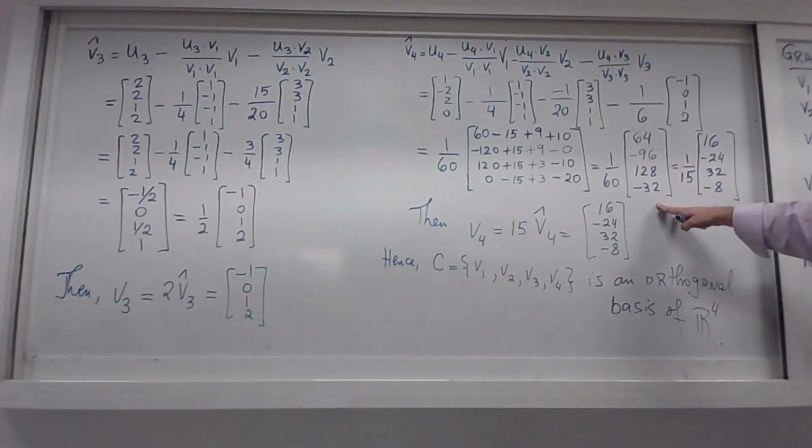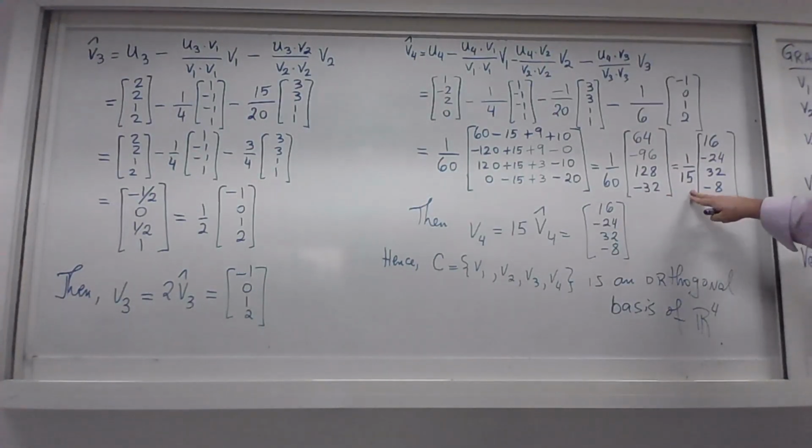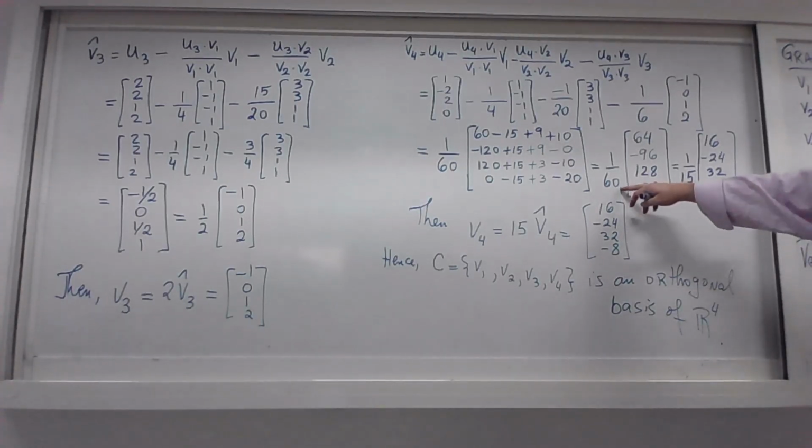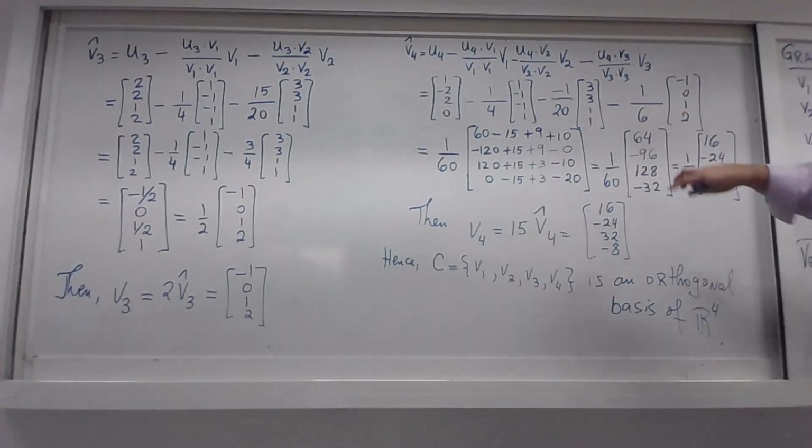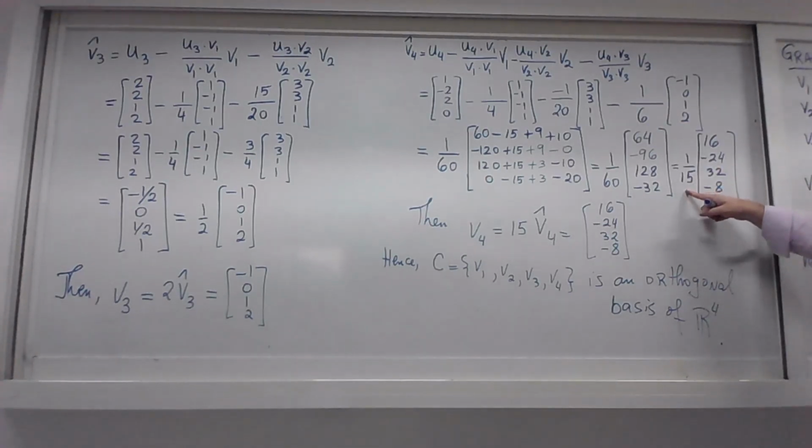So here, at this point, I did one extra step. I realized that I could divide by 4. But I don't have to. Okay, I could just stop here and take this vector immediately. Boop. And that would be my V4. But okay, I did one extra step and then said, oh, I still have a fraction.